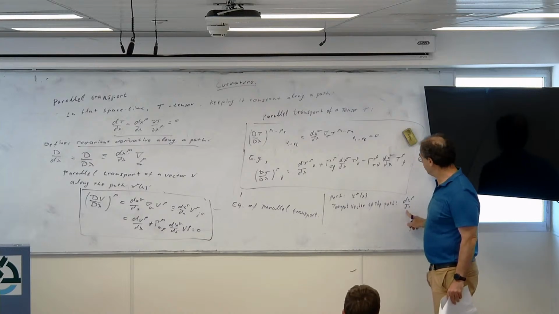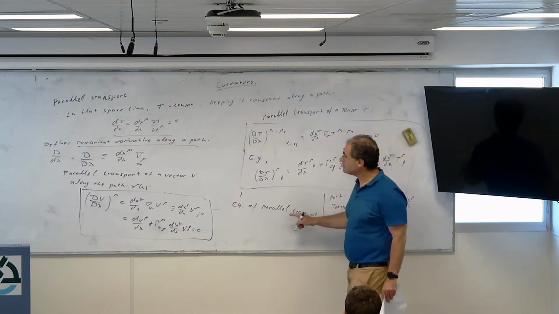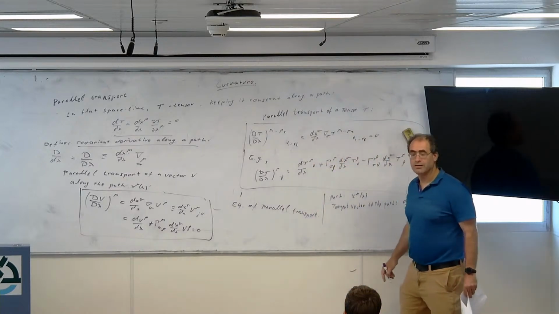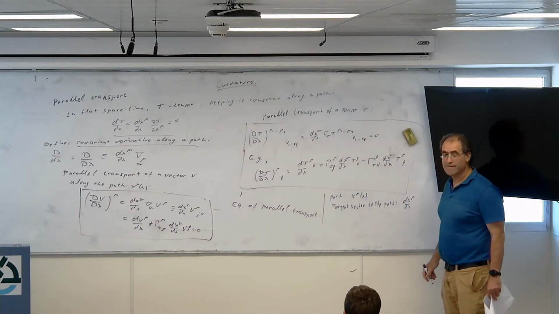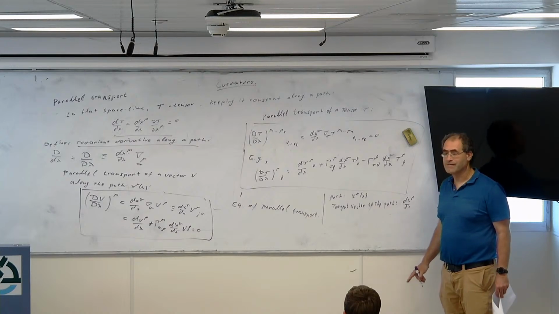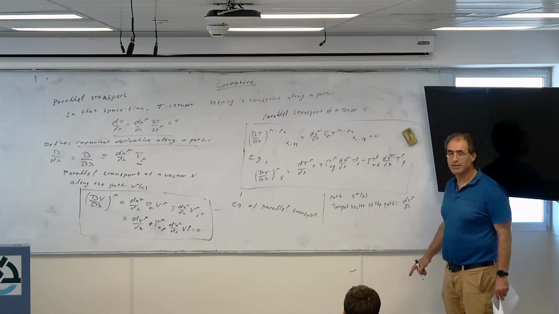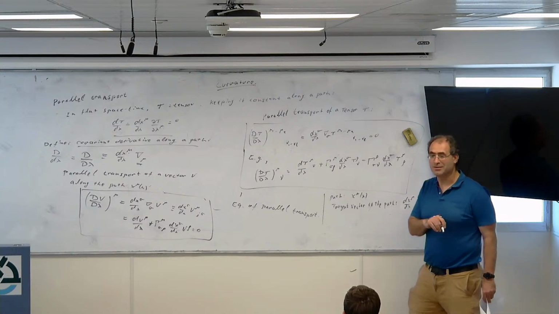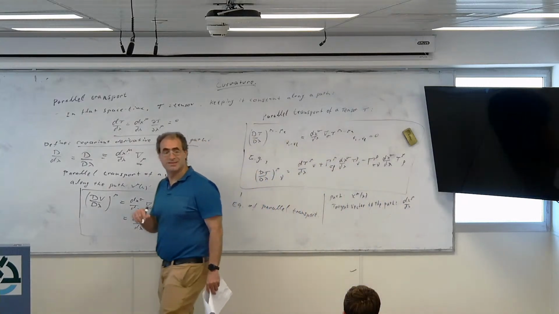What do I get if I put the tangent vector to the path inside the parallel transport equation, instead of V? What equation do we get? The geodesic equation. Is that a coincidence?